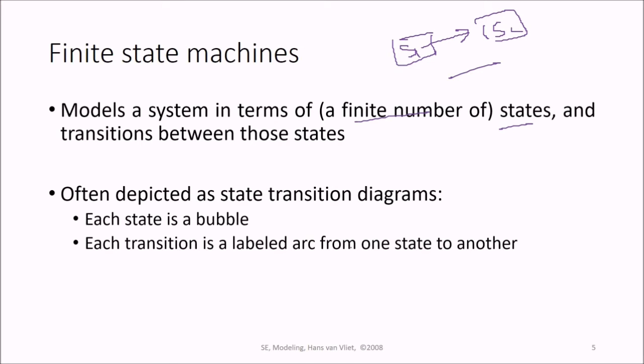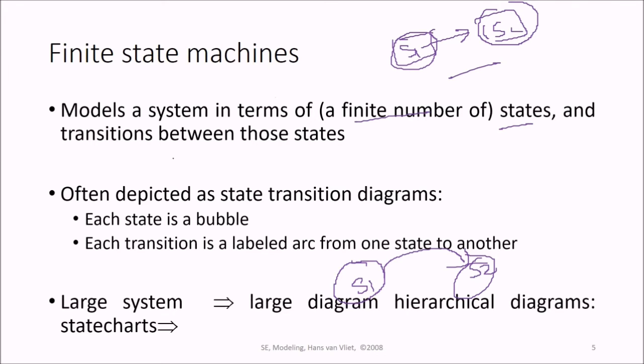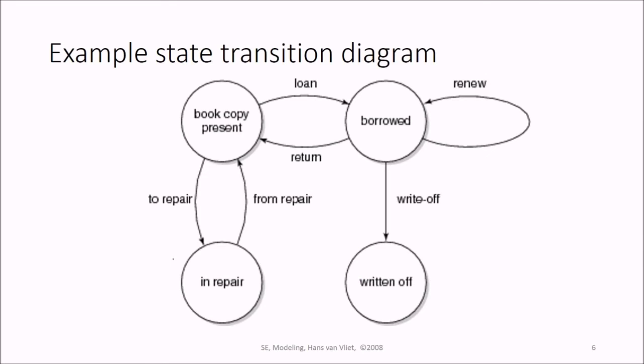Each state is a bubble, and each transition is an arc from one state to another. This is state 1, this is state 2. For large systems, hierarchical diagrams are used. State charts are used. This is an example state transition diagram.